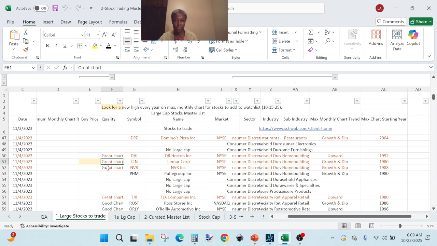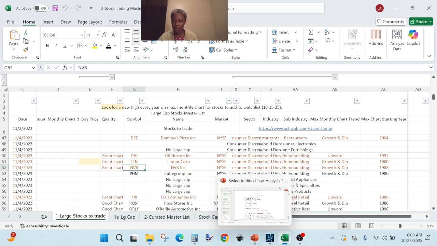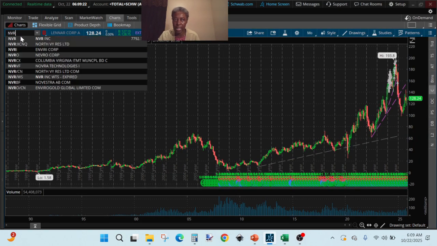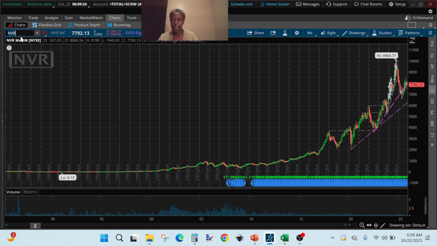Therefore, I'm putting some notation next to LEN and NVR so that I can find them later, the ones that I think are good to swing trade, using the long swing trading strategy that we are using.